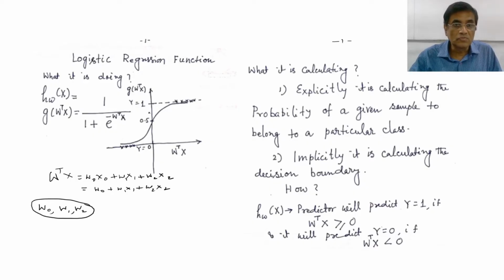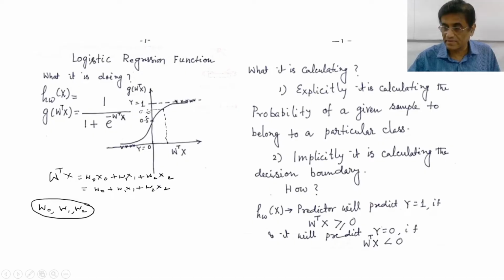If the sample is here, for example, you will get maybe 0.6. So in that case, the probability that the sample belongs to class 1 is 0.6.